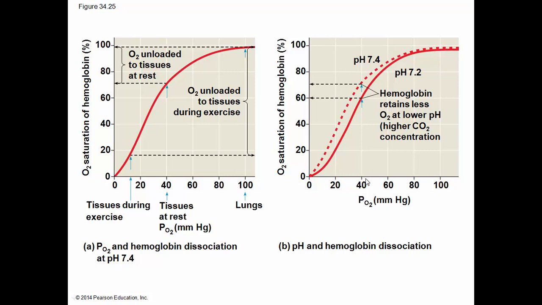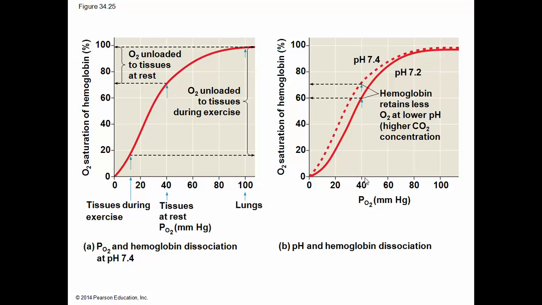pH and hemoglobin dissociation. Because hydrogen ions affect the shape of hemoglobin, a drop in pH shifts the O2 dissociation curve to the right. It's called the Bohr shift. At a given pressure of oxygen, say 40 millimeters, hemoglobin gives up more O2 at pH 7.2 than at pH 7.4, the normal pH of human blood.